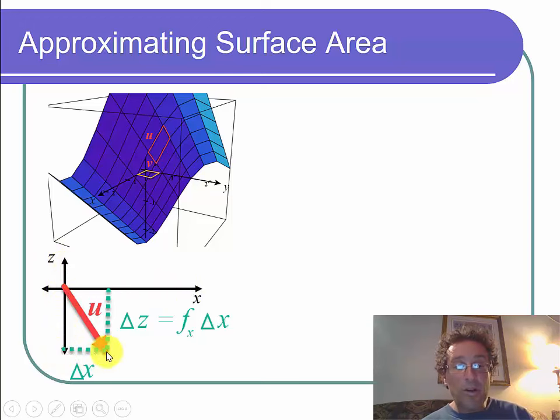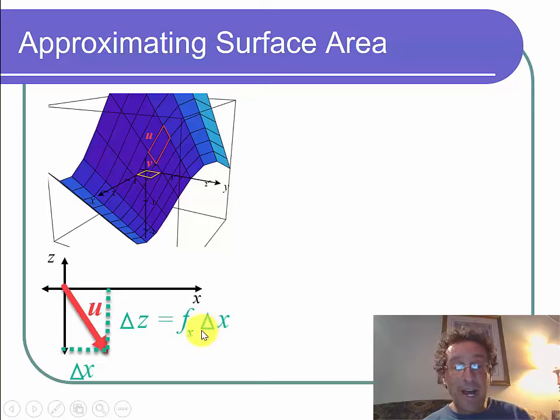The x coordinate of the end of that vector will just be delta x, because we moved along a little delta x amount. And the z coordinate will be delta z. And delta z is approximately equal to f sub x times delta x, where f sub x is the partial derivative of f with respect to x. That's what partial derivatives do.